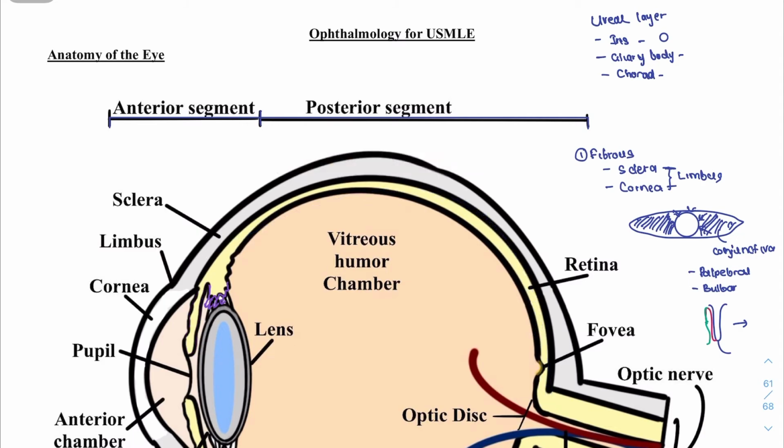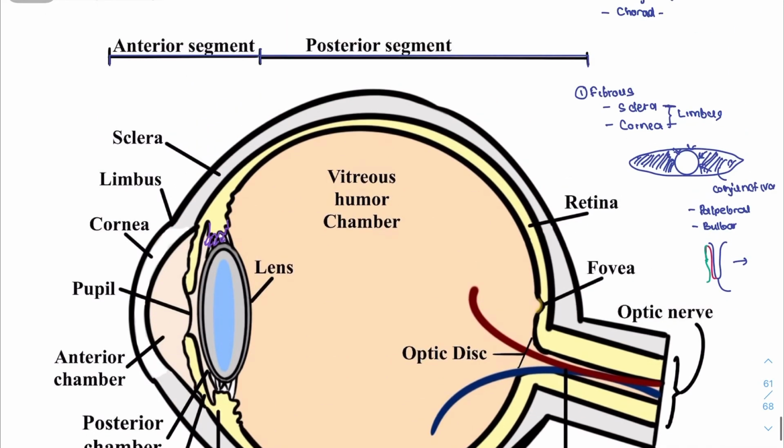So next we have the inner layer, the pigmented layer. It is called the retina. Now there are some special places in the retina, such as the macula, which has a high density of cones, which is essential for central vision. So in the middle of the macula, if this is the macula, we have the fovea.